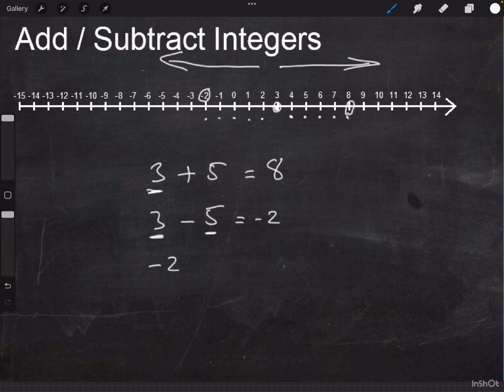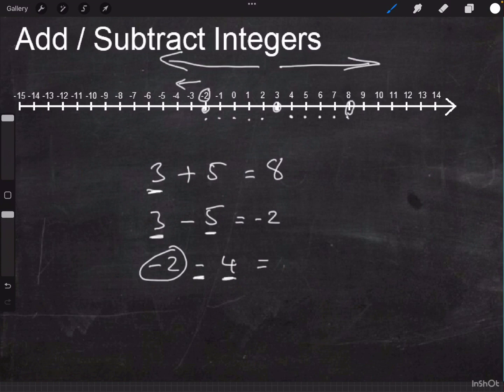Negative 2 and then subtract 4. Okay? Apply the same method. We will find where negative 2 is on the number line. Negative 2 is right here. And we look at the next one, it is subtract, so we must go to the left. And we go 4 units.